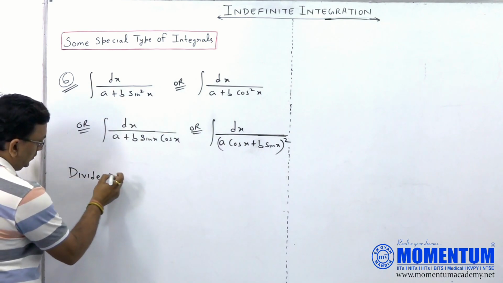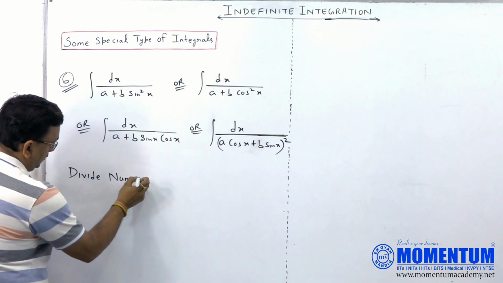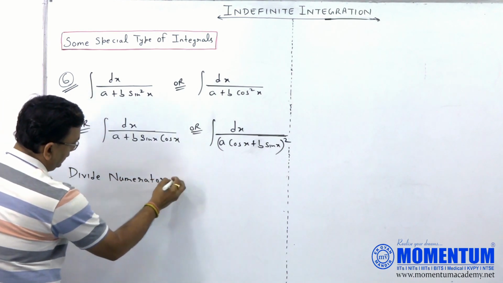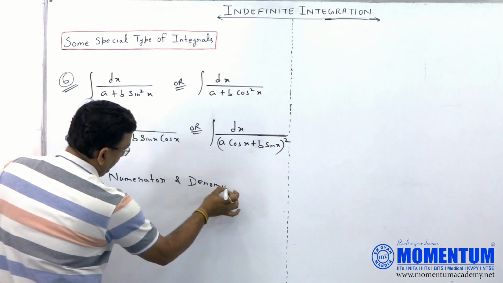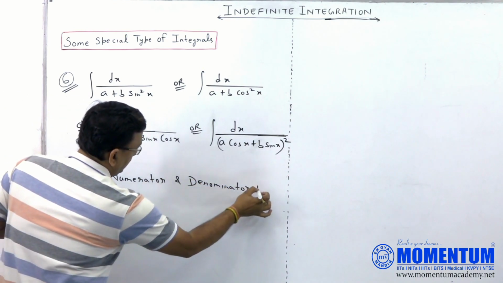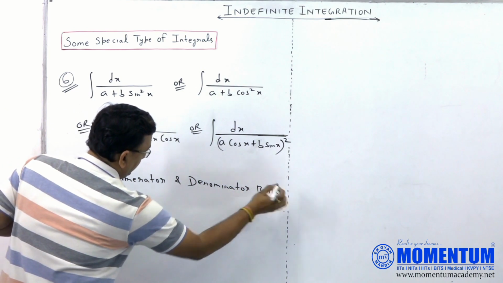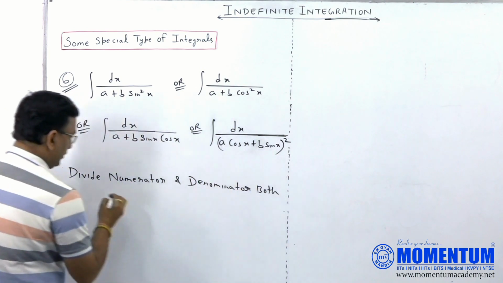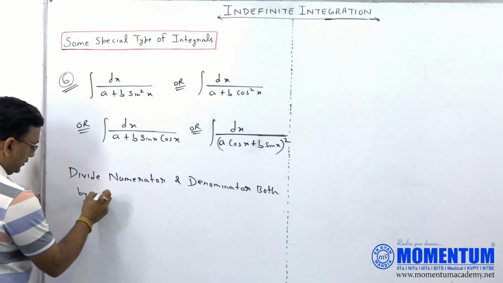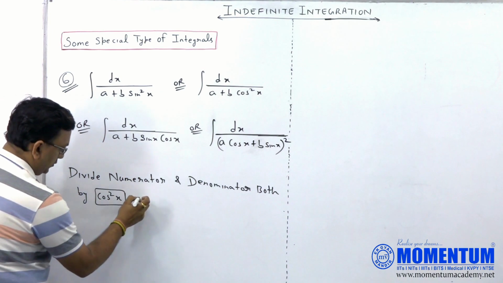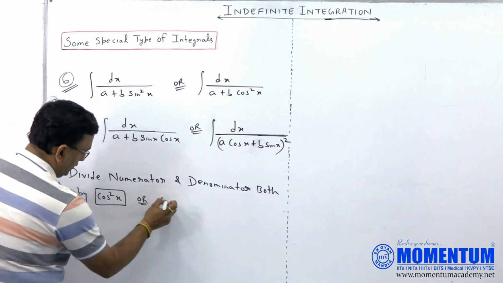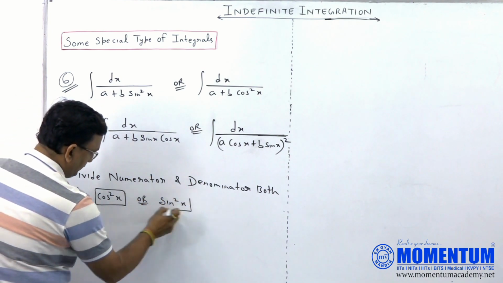Divide numerator and denominator both by cos square x or sin square x.